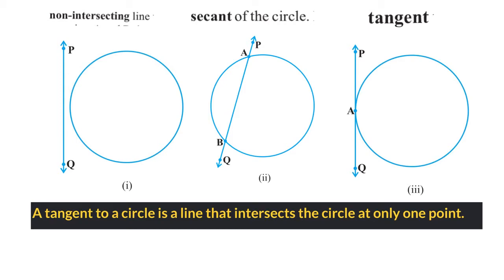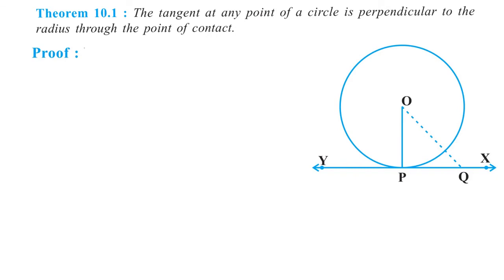Just to add to your information, the word tangent comes from the Latin word tangere, which means to touch, and was introduced by the Danish mathematician Thomas Finck in 1583. Just keep in mind. Let's try to prove this theorem.